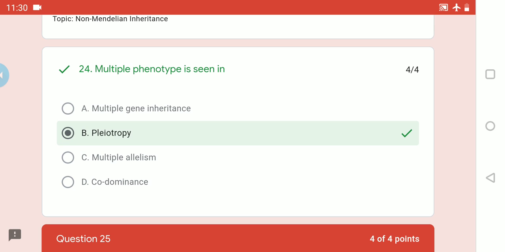When we cross them, we can identify the heterozygous capital B, small b. Capital B produces a higher percentage of starch synthesis, small b gives less starch content, and capital B small b produces an intermediate. Okay, so this is how it is about pleiotropy.